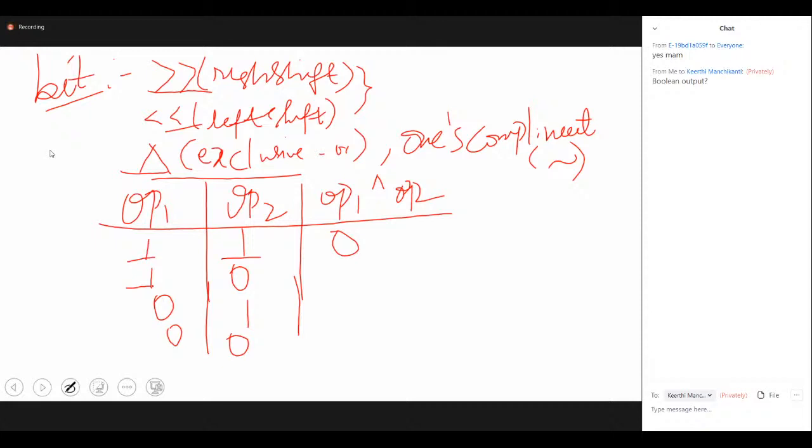If you have alternate operands, that is, a combination of ones and zeros, then your result will be 1. All zeros also give the output as 0. Once again, in exclusive OR, if all your inputs are similar, either ones or only zeros, then the output is 0. If your operand inputs are a combination of ones and zeros, then your output will be 1. If you have 1 and 0, your result is 1. If you have 1 and 1, the result will be 0. So this is exclusive OR.